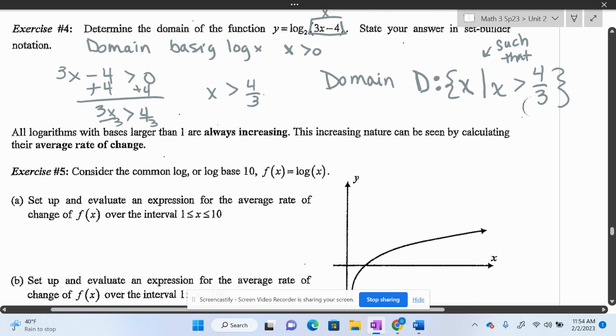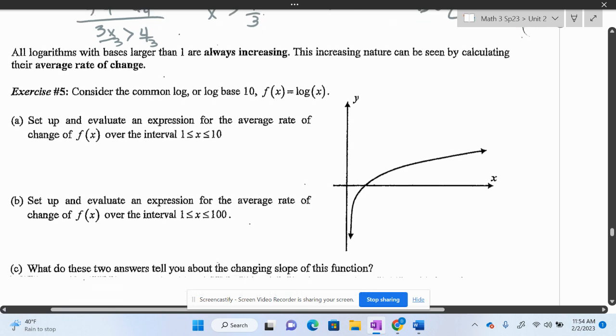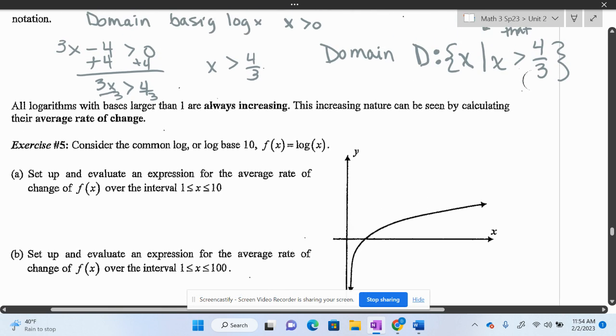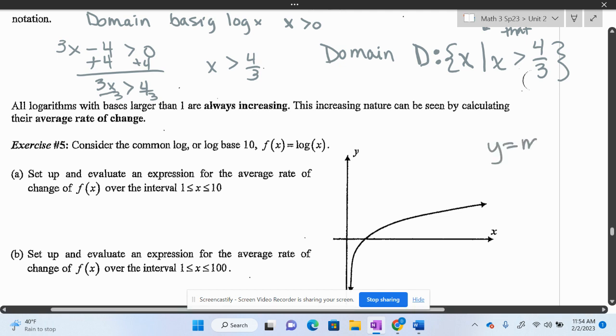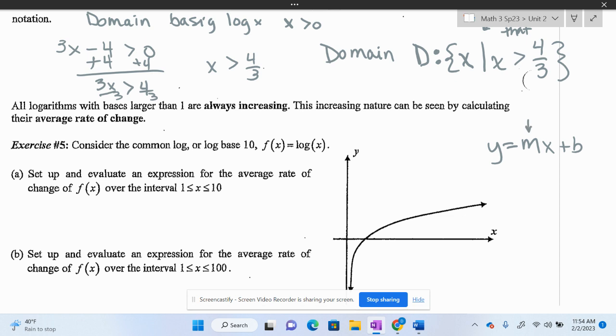Okay, number 5, my note said to skip it, but I think that we can totally do that. Someone tell me what rate of change is. Well, when you were younger and you learned how to write linear functions, you used a letter to represent rate of change.